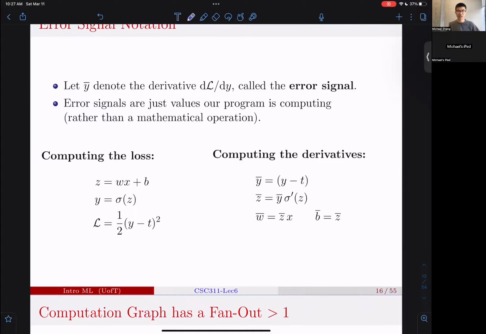So the notation we'll be using throughout this lecture is this bar notation, where you'll note that in general, we care about only computing the derivative of each variable with respect to the loss. So we want to know how a small change in that variable changes the loss, because that's the interpretation of how gradients work. Our goal is to minimize the loss function.